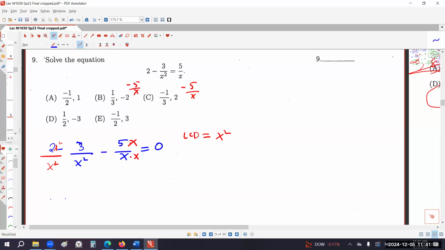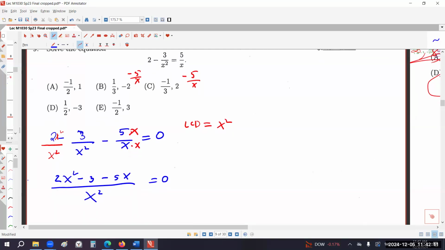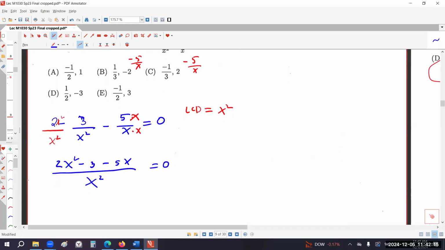We put them together. 2x squared minus 3 minus 5x equals 0. But the order is wrong, so we are going to write them in correct order. 2x squared minus 5x minus 3 equals 0.